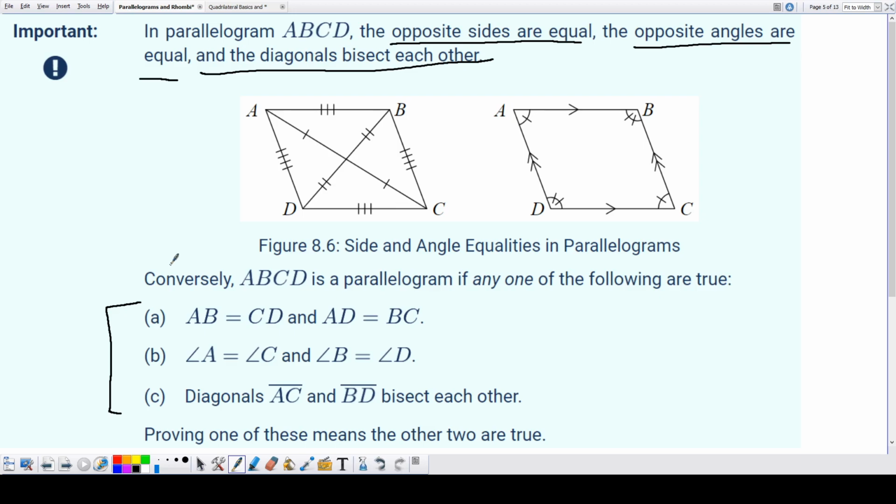And it works in the converse. If any of these three are true, if A is true, it implies B and C are true. And if C is true, it implies A and B are true, etc. So, if you prove one of these three things, you have a parallelogram, and that immediately implies all the other things. And this can be a very useful tool when solving problems.